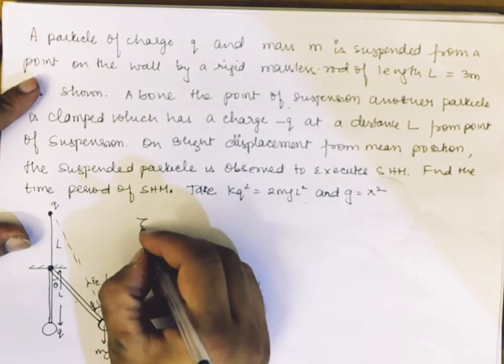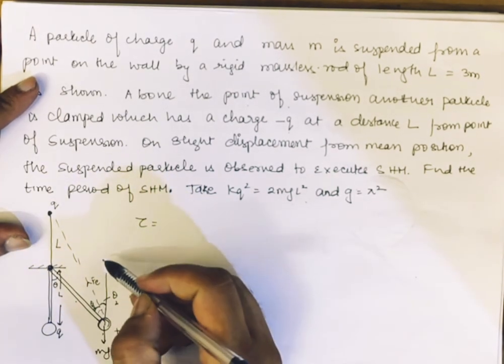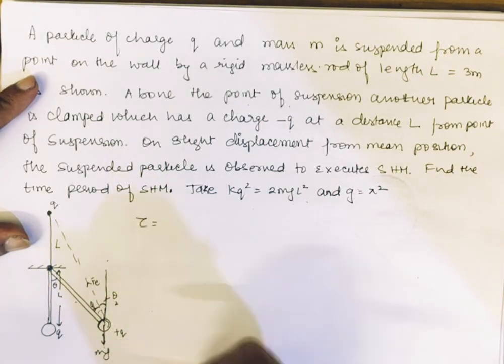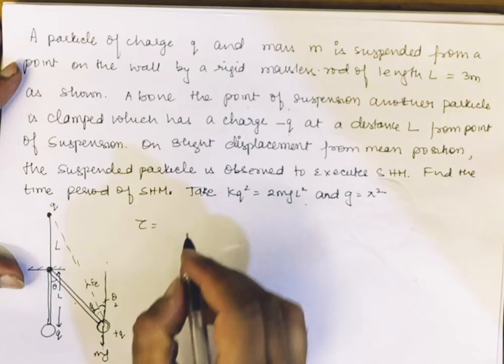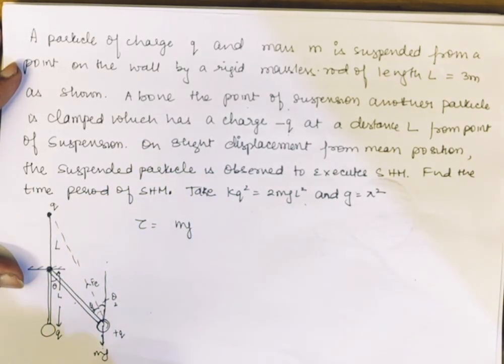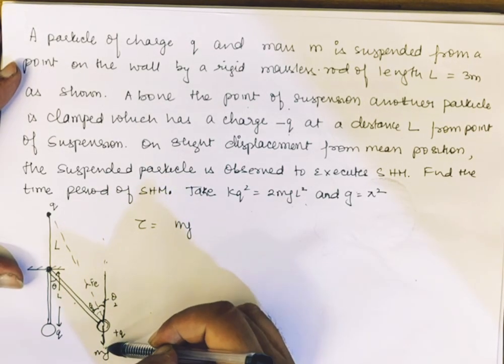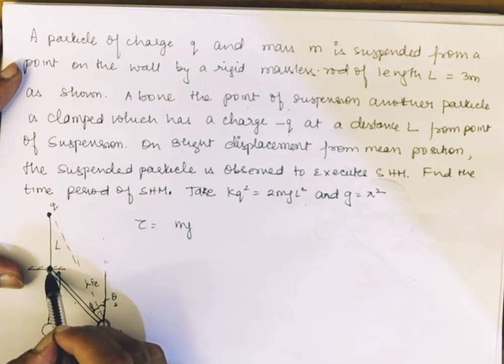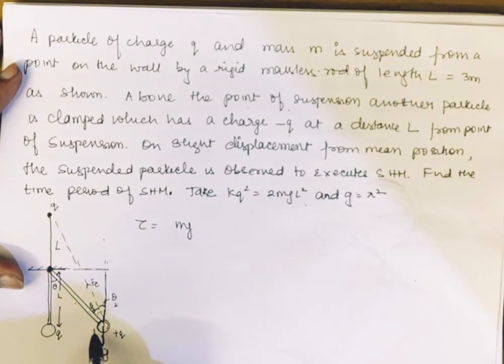Now let's find the total torque. First I'm going to find it due to the weight. This is the line of action of the weight. See clearly, because torque is always force, which is mg right now, into the perpendicular distance between the line of action of force and the point of suspension, means this. So I can also say this as the distance, because these are the sides of a rectangle.